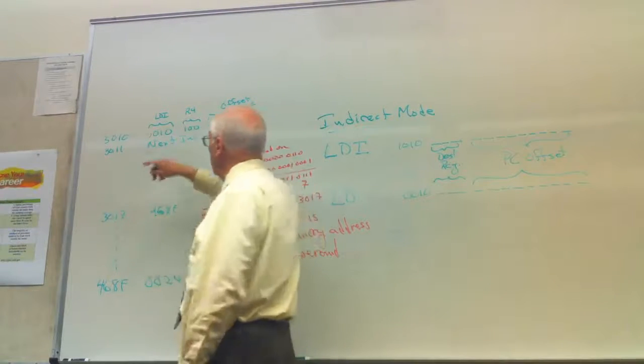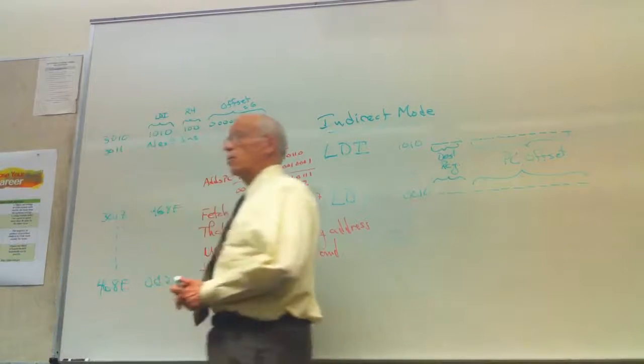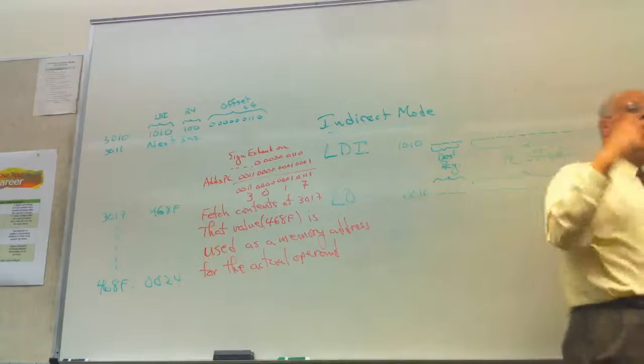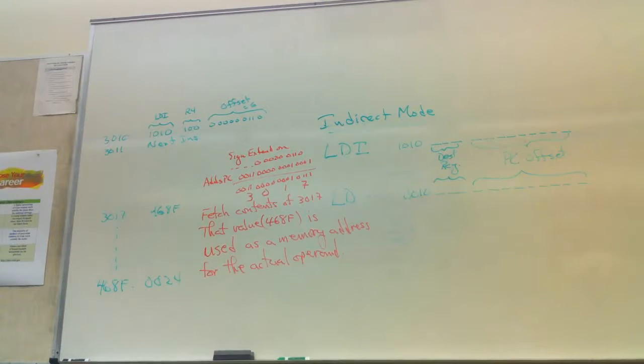There's nothing attached to a particular memory location that says, oh, this is an address, this is data, this is an instruction. There have been some architectures in the past that have done that.